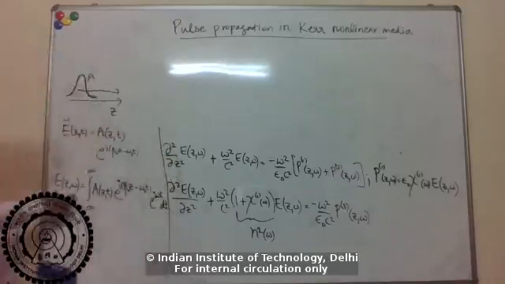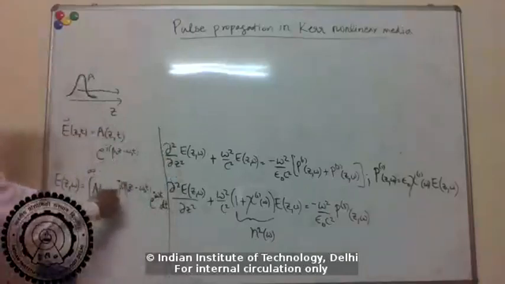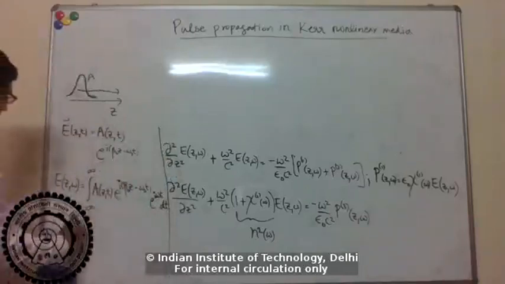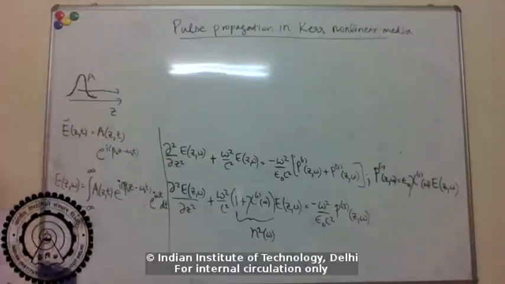Right? So Ez omega is a Fourier transform of Ez t, and for Ez t we took this form, so I put that in. So now you can see that this e to the i beta naught z I can just take out of the integral, that's not dependent on time.